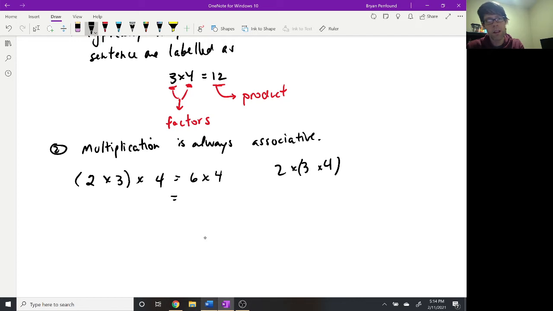And then multiplying 6 by 4 would give us 24. If I go the other way and I do the 3 times 4 first, I'm going to get 2 times 12, and 2 times 12 is still 24. So it doesn't really matter which multiplication I start with. If I have 3 in a row, I always end up with the same final product.